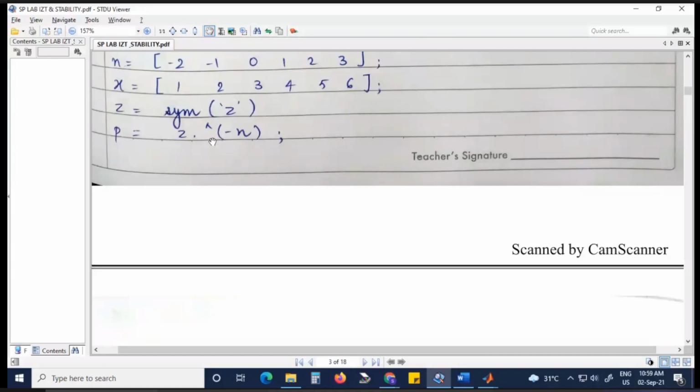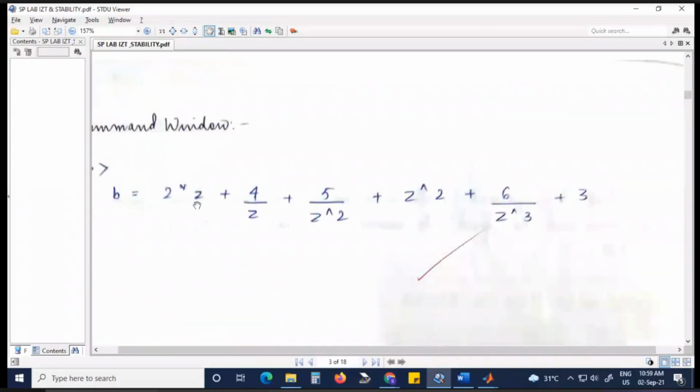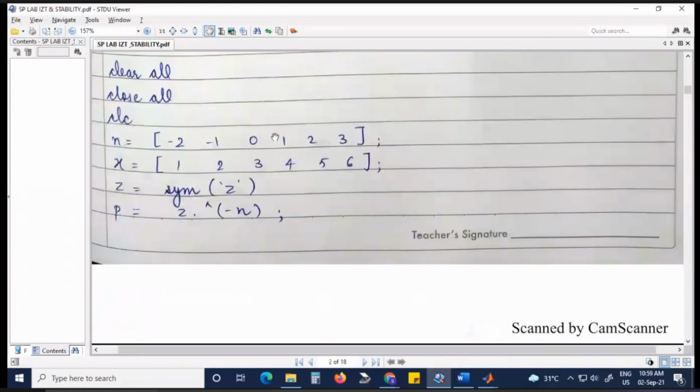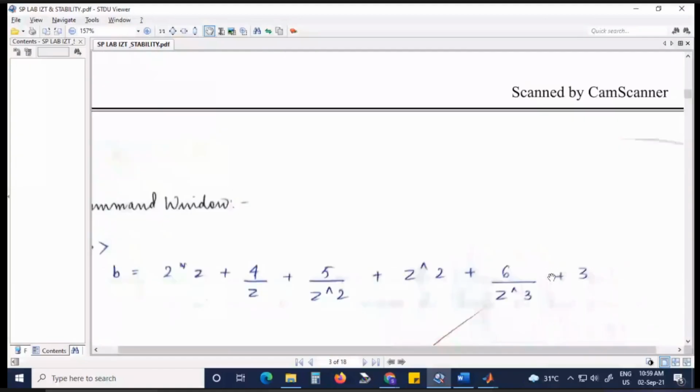At that time it will be z to the power minus of minus 2, that means z to the power 2. You can see the z to the power 2 term is there. Then the next term is z to the power minus of minus 1, so z to the power 1. Is the z to the power 1 term there, with its coefficient?